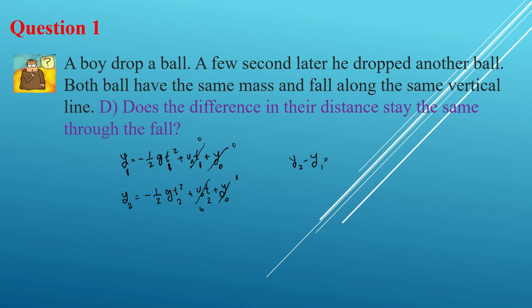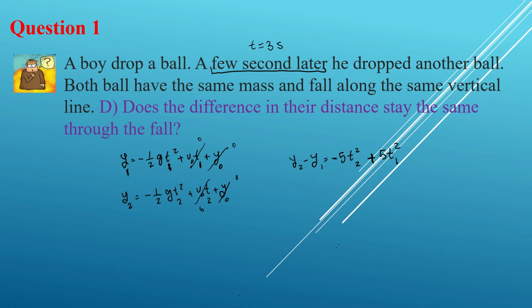So then what I have is minus 5 t2 squared, minus, which is going to be plus 5 t1 squared, right? In the first slide, I assumed that a few seconds later is going to be t equal to 3 seconds, right?